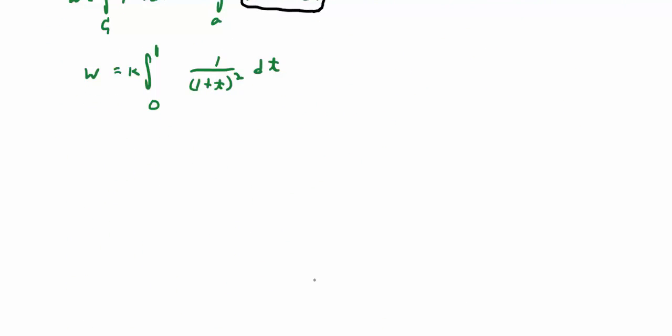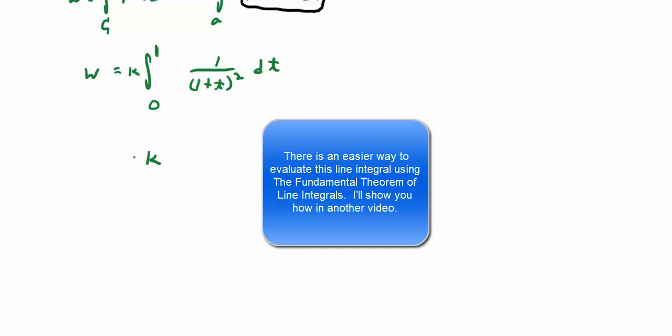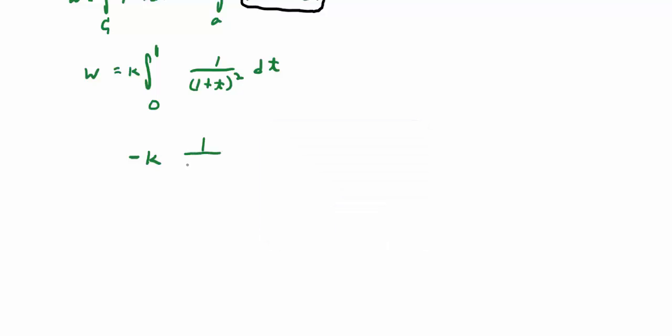Okay. So we integrate, easy enough to integrate, right? So what do you get when you integrate this? You'll have a k on the outside. It's going to be negative 1 over 1 plus t evaluated from 0 to 1, which is what?